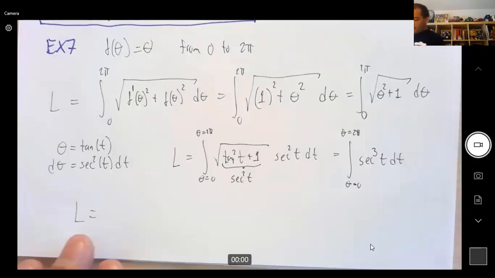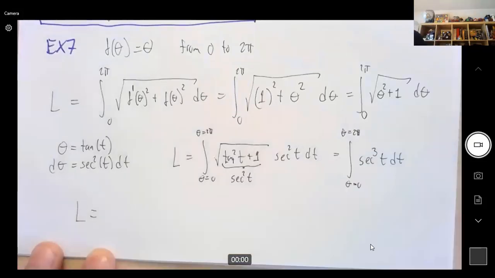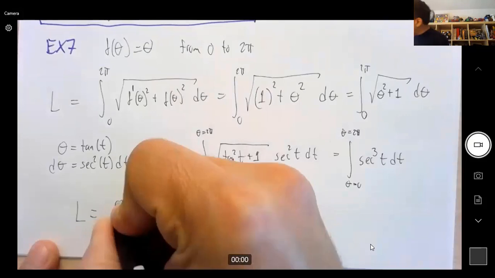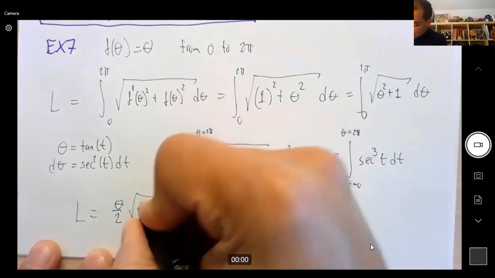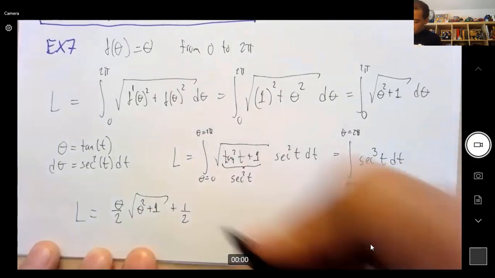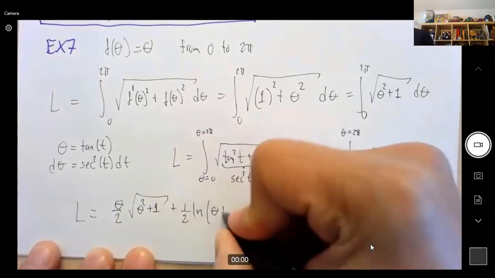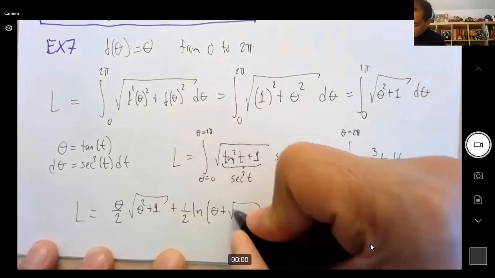So the original integral is theta over 2 times the square root of theta squared plus 1, plus a half of ln of the absolute value of theta plus the square root of theta squared plus 1.